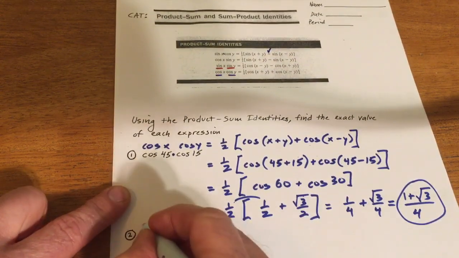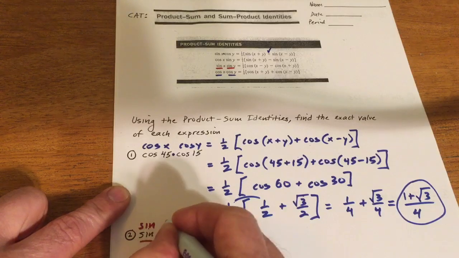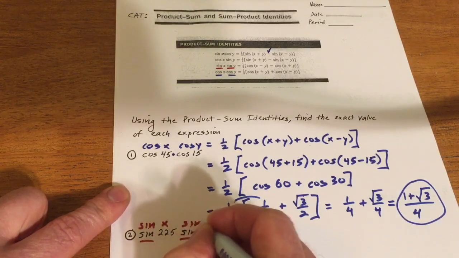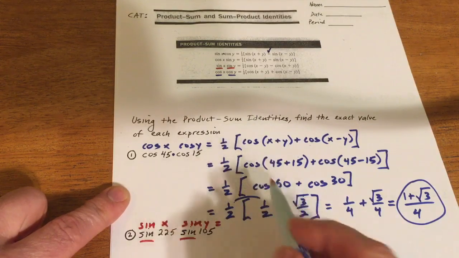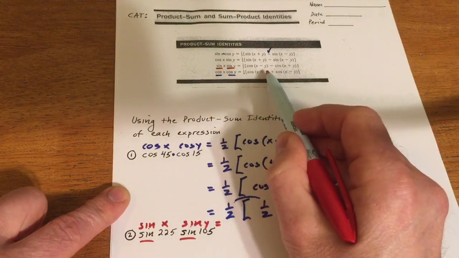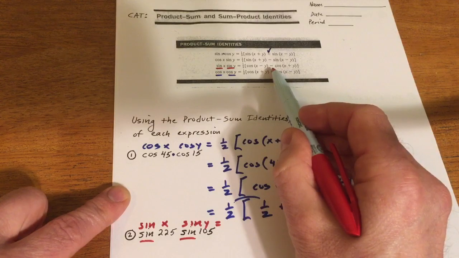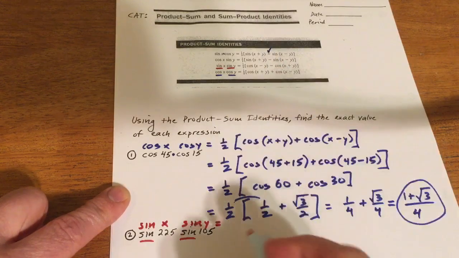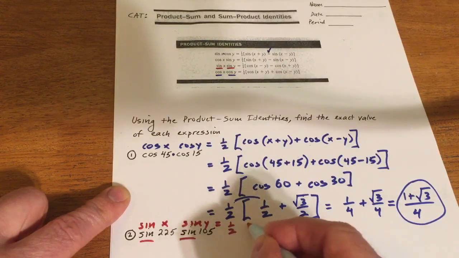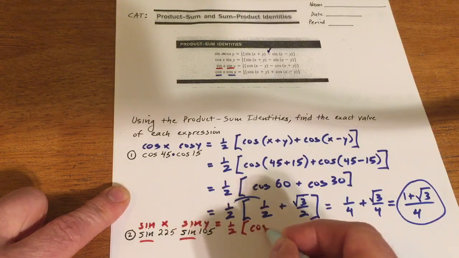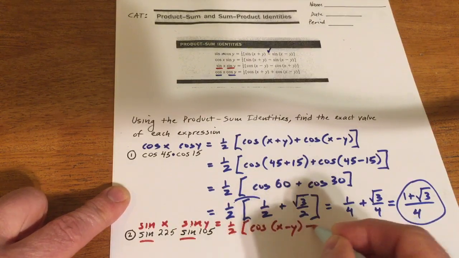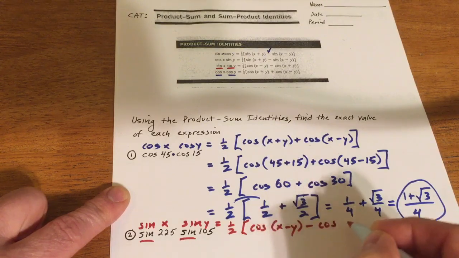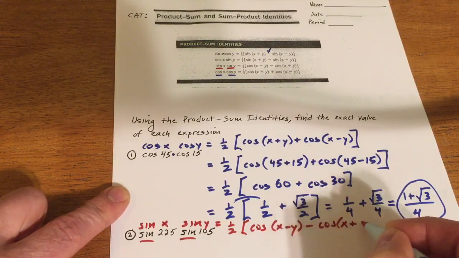So here we get sine x sine y equals 1/2 cosine of the difference minus cosine of the sum.